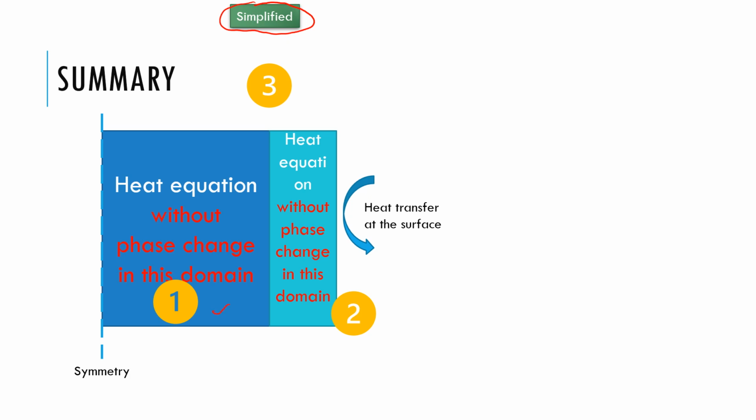One, without phase change, where phase change hasn't happened, and two, where phase change has happened. And these two domains are separated by an interface. The interface is sharp, which means it has zero thickness.